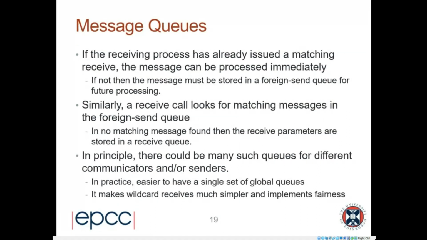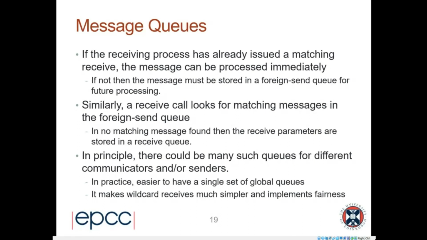If the receiving process already issued a matching receive, then you can process the message immediately. If the receive is not ready, the message must be stored in what's called a foreign send queue. Basically, if you get an unexpected message and you don't have an outstanding receive, you have to stick it in a queue saying these are incoming messages which have been posted that I haven't issued a receive for yet.